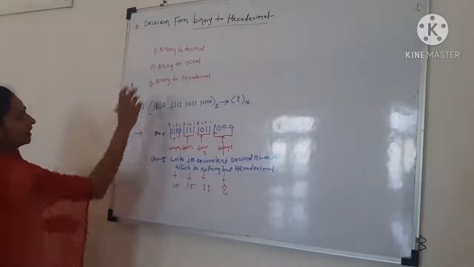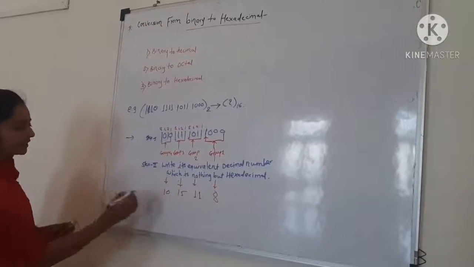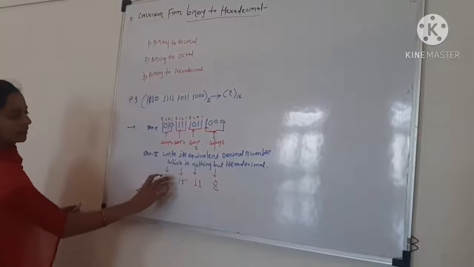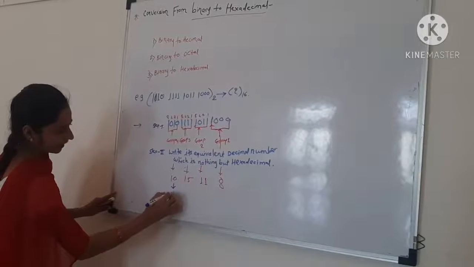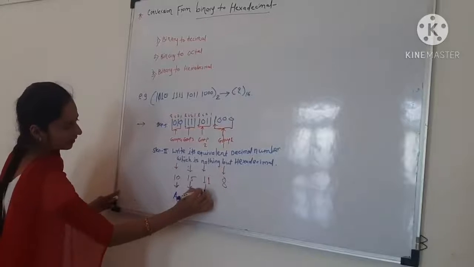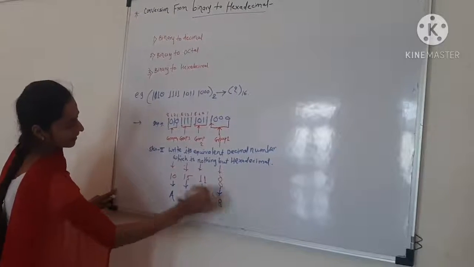But we have seen that in hexadecimal, decimal numbers from 0 to 9 are represented as they are, and after 9 the numbers are represented by characters. So 10 is represented by character A, 15 by character F, 11 by character B, and 8 is represented as 8.